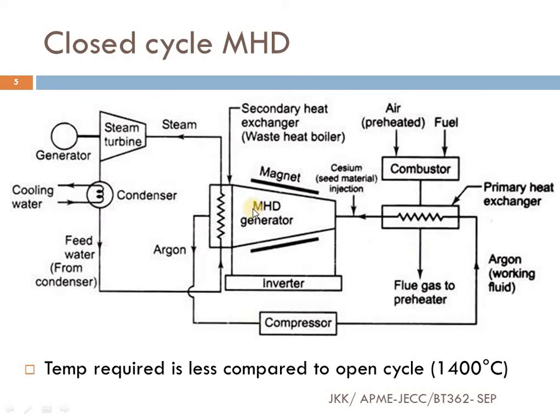At the output of the MHD system, as in the previous case, a large quantity of heat will be available. So we can place a heat exchanger so that additional feed water can be supplied through it, converted to steam, and used to power a steam turbine.